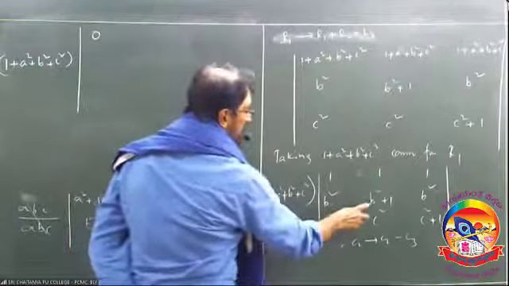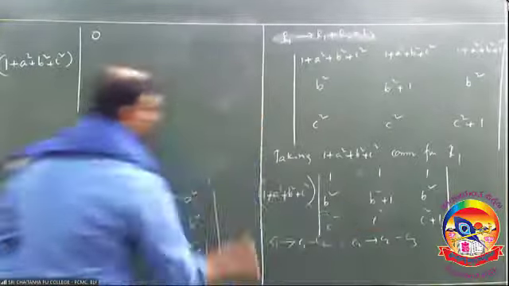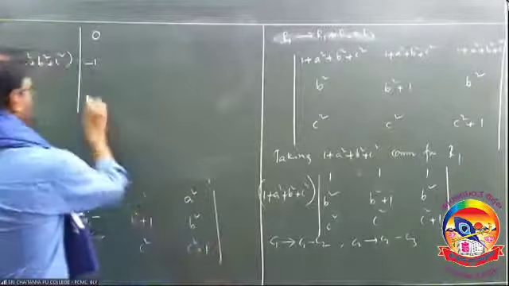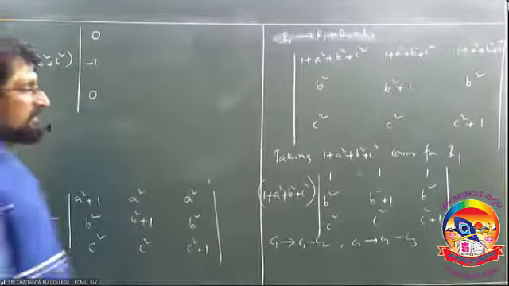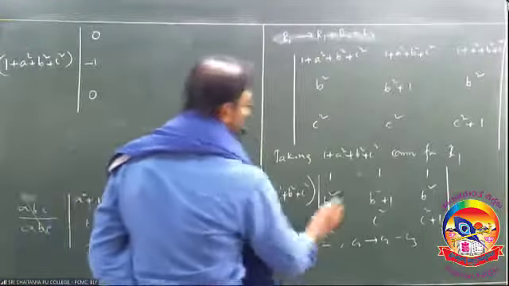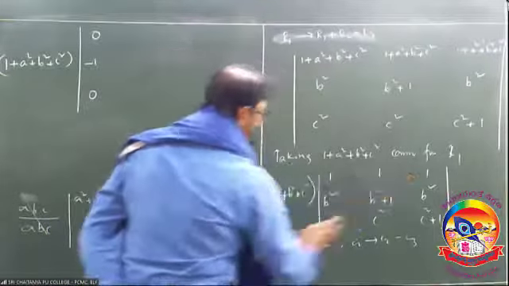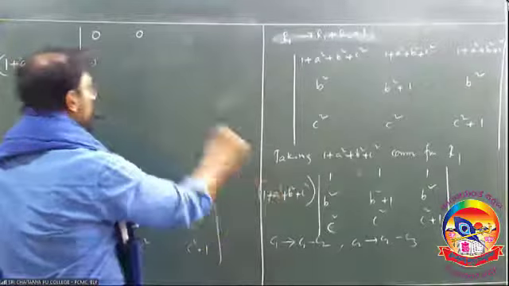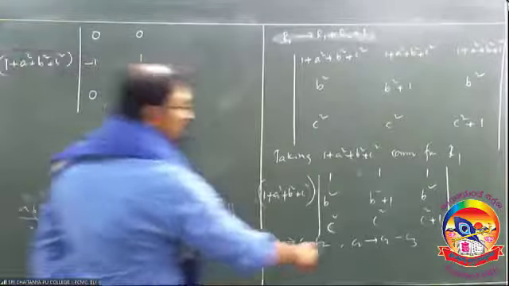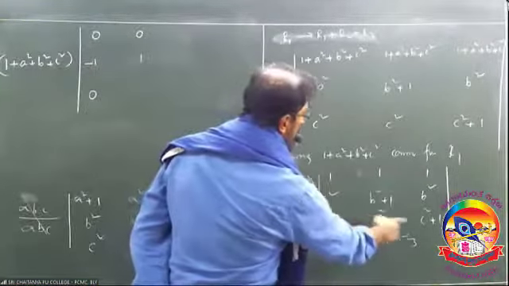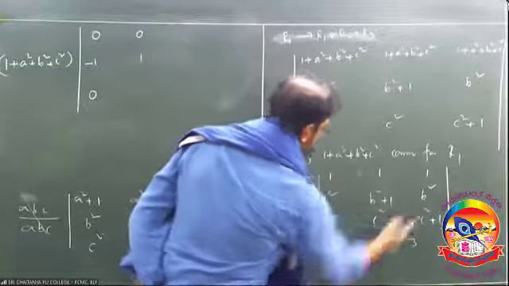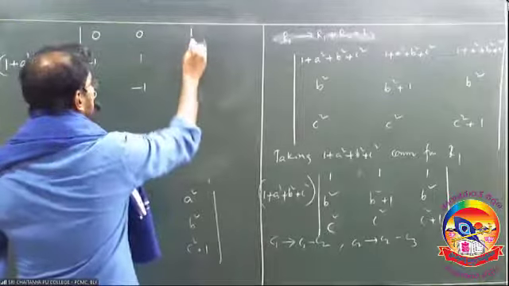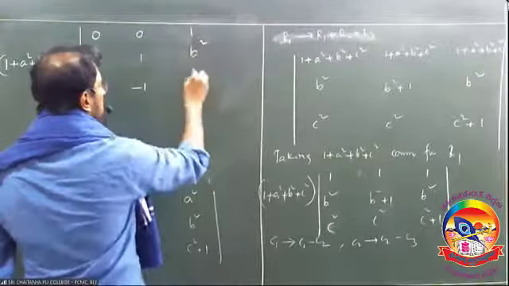B square minus B square minus 1, that means it is minus 1. C square minus C square is 0. This is C square. And 1 minus 1 is 0. B square plus 1 minus B square, 1. C square minus C square minus 1, it is minus 1. And 1, B square, C square plus 1.